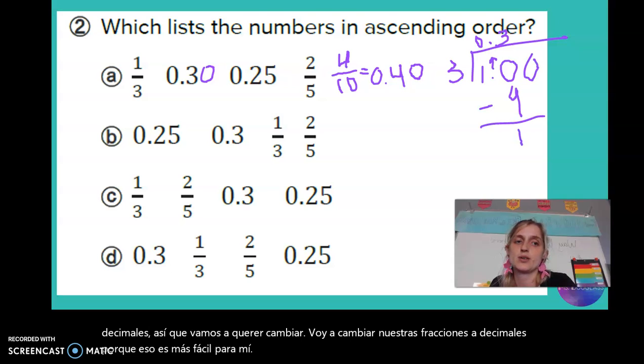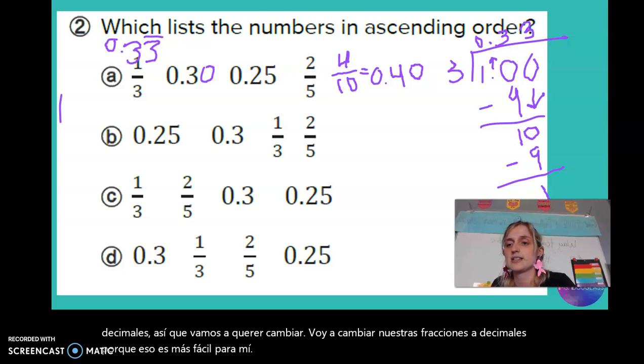Add another 0, bring it down. 10 again. 3 goes into 10 3 times. That's 9. Subtract. Remainder of 1. We're starting to see a pattern. It doesn't feel like it's ever going to end. So 1/3 we'll call 0 and 33 hundredths. Even though we know it doesn't actually end in the hundredths place, it will never end, so we'll just put a bar right there.